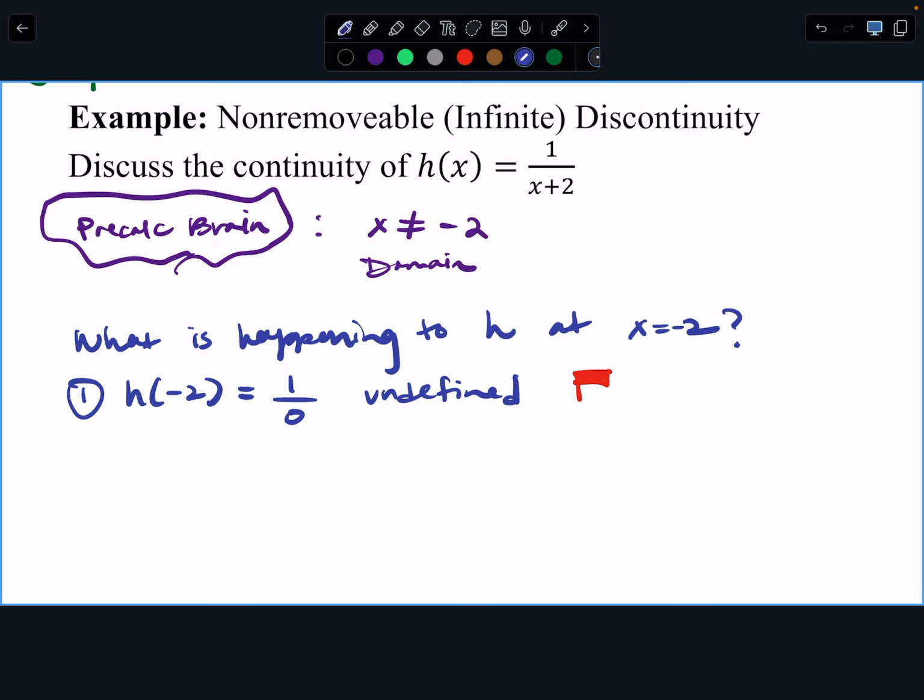I know that you guys are used to doing it the backwards way for why the graph is the way that it is. But now that we have limits in our toolbox, we want to use that to help us have a real justification for what's happening to h at -2. So right away we're like, hey, h is not defined at -2. We knew that from our pre-calc brain, right? And then we think about the limit as x approaches -2 of h of x.